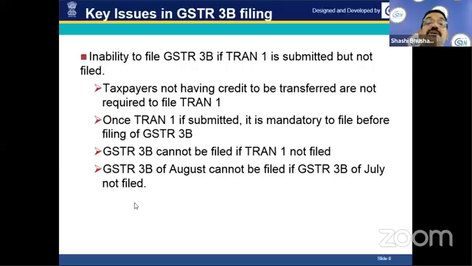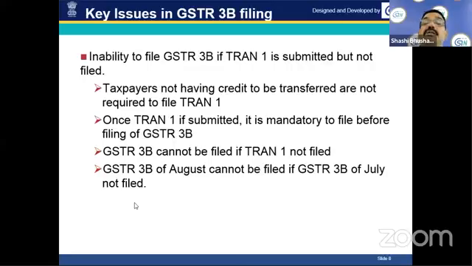This feature is built into the application because you need to file TRAN 1 with a signature; only then can that credit be utilized for making payments of other returns. So all the taxpayers who have submitted their TRAN 1, even if the figures are wrong, need to first file it. People were feeling insecure: if they have made a mistake in TRAN 1, how will they be able to claim the extra credit?